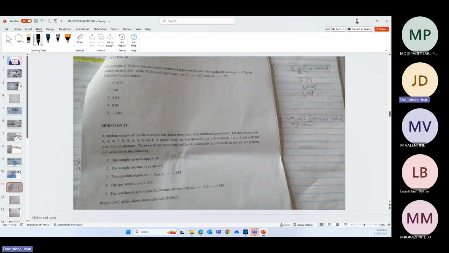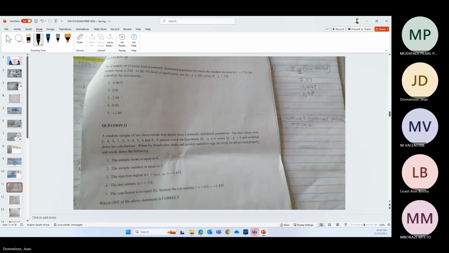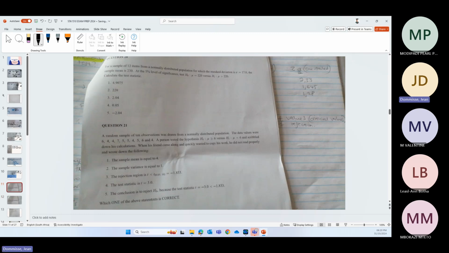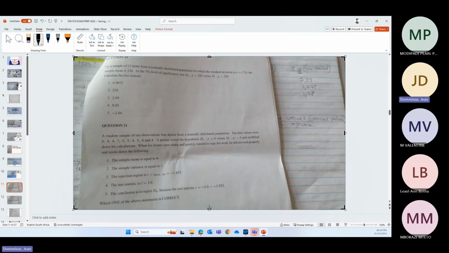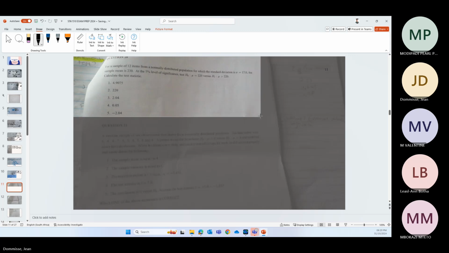Okay, so let's look at, I think we wanted to look here at which question? Maybe both. So let's just duplicate. We can look at both. So let's first do question 20. Let's see what we have.